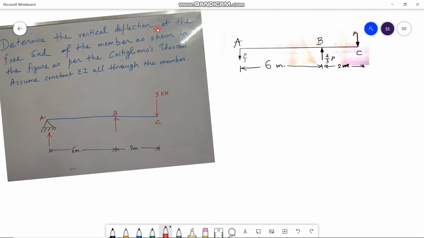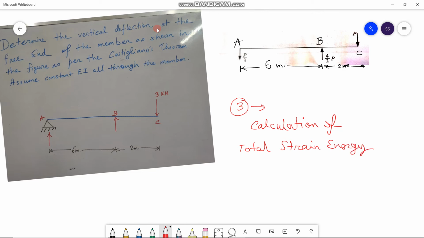So the next step, step number 3, is the calculation of total strain energy, meaning the internal energy, using the formula U equals integration 0 to L, those are the limits, M square by 2EI dx.